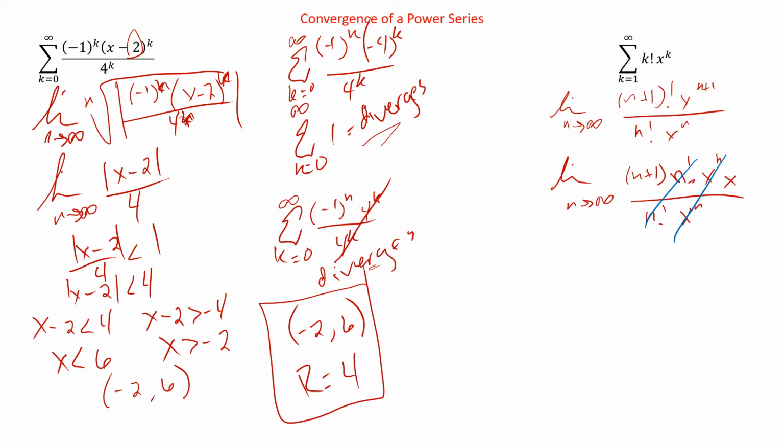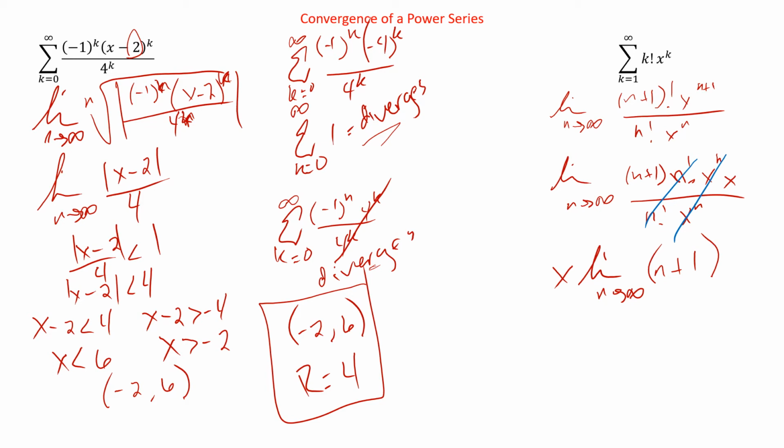The x can go out in front again. We have x times the limit as n goes to infinity of n plus 1, which diverges. So we have x times something that diverges, which is not less than 1.